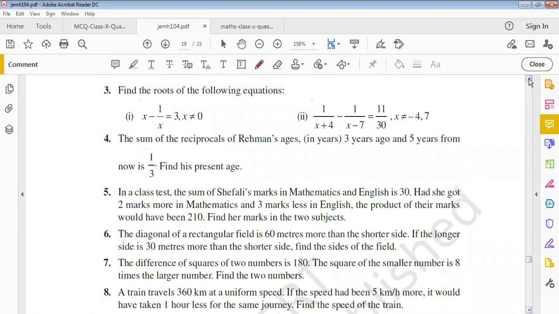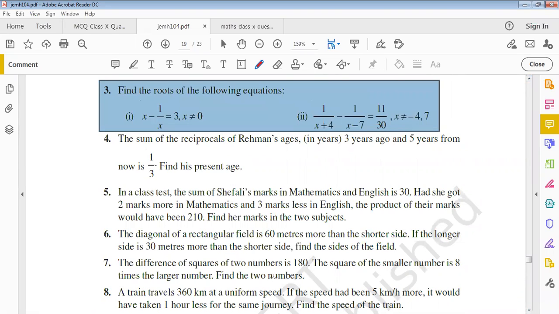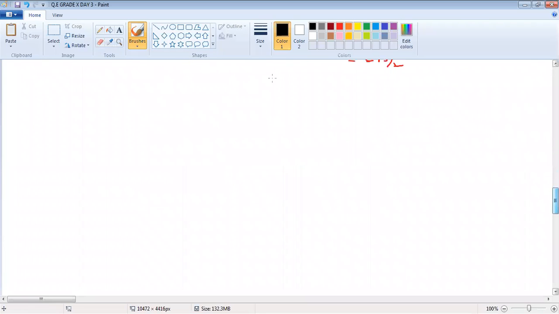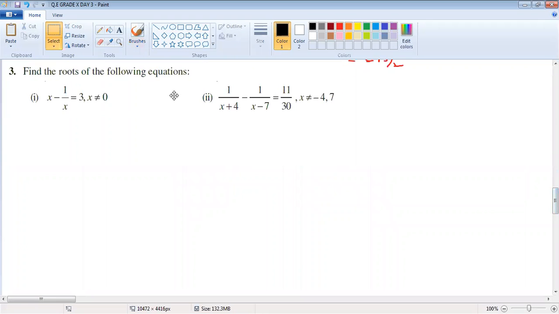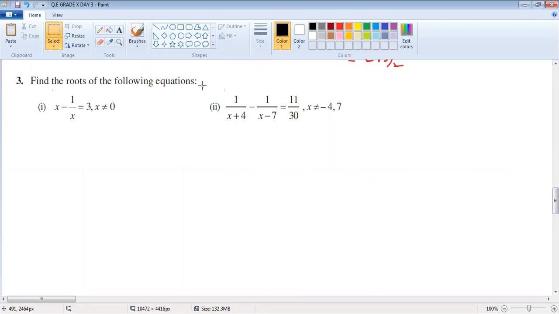Okay. Now find the roots of the following equations. This one: x minus 1 by x equal to 3.